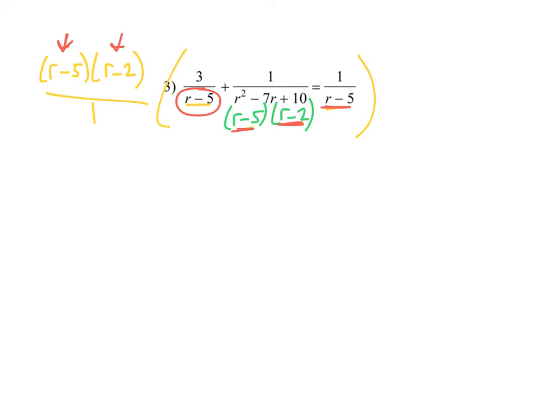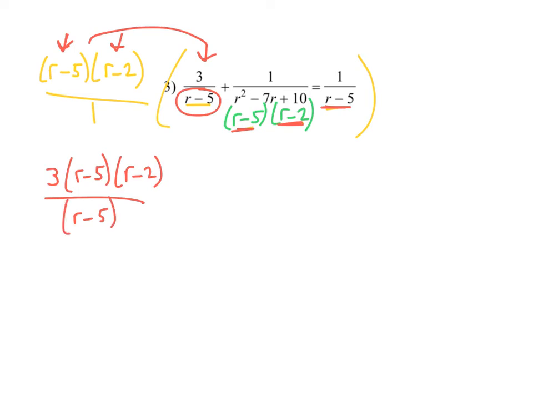Okay, and I'm just going to write it all out before I do any canceling. So when we distribute this thing to the 3, it will be 3 times r minus 5 times r minus 2, and it's all over r minus 5. Okay, remember the denominators aren't changing.